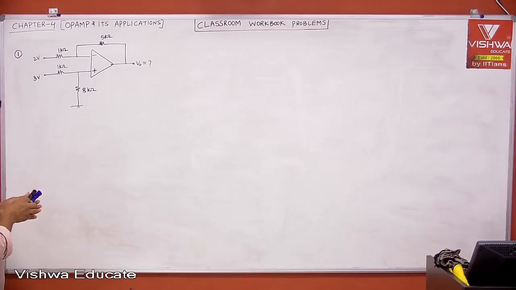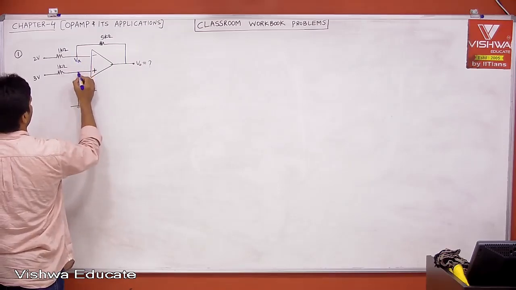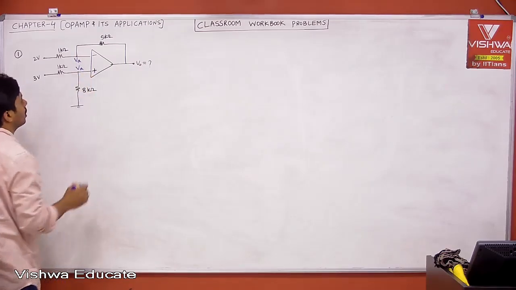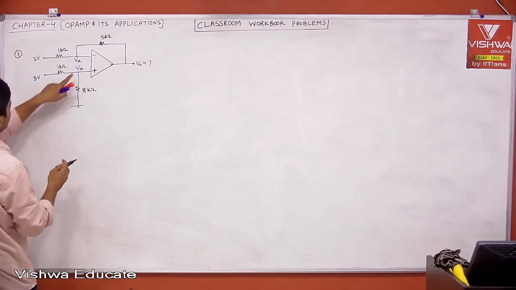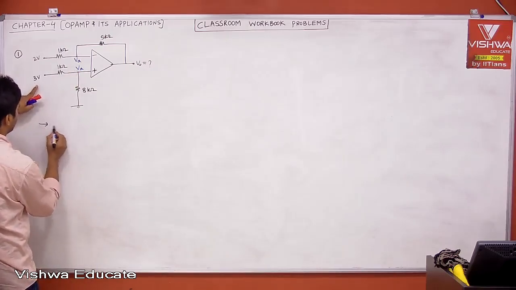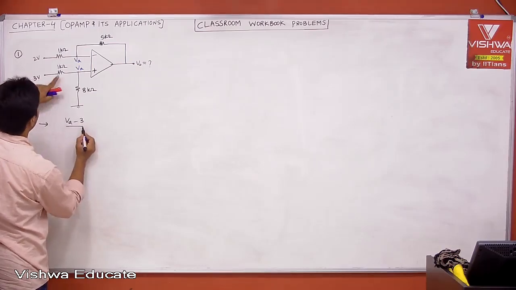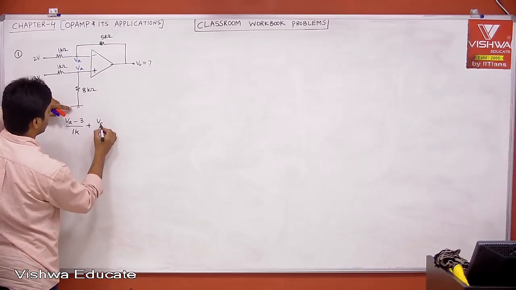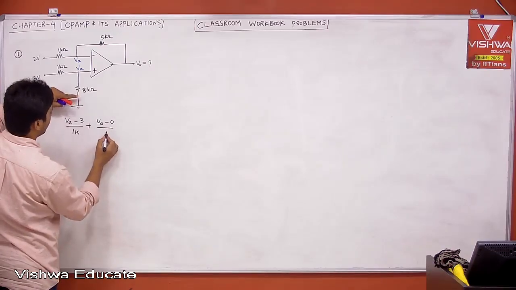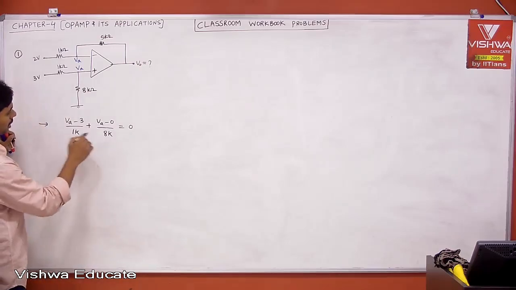Okay, let's see. Negative feedback, therefore, this is VA. Now, apply nodal analysis. (VA minus 3) divided by 1k plus (VA minus 0) divided by 8k is equal to 0. k will be cancelled.